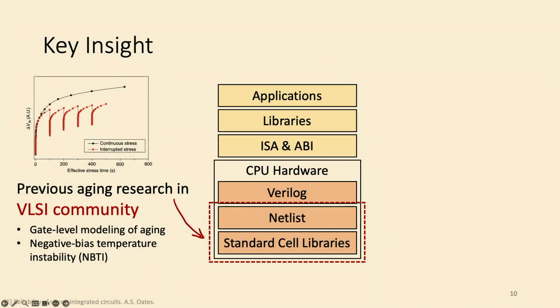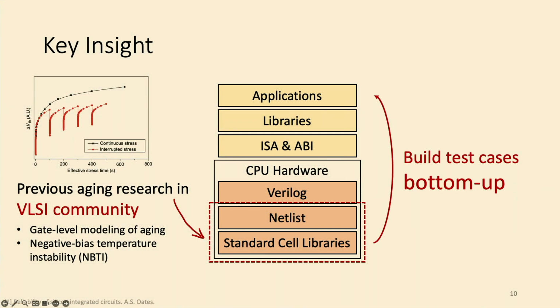Here, what you require is a trace of the circuit execution, and the model can give you specific gate delays that will change after aging. Now, the key insight here is that we can leverage this knowledge to build test cases in a bottom-up manner and provide software developers with a way to better reason about these effects of aging.